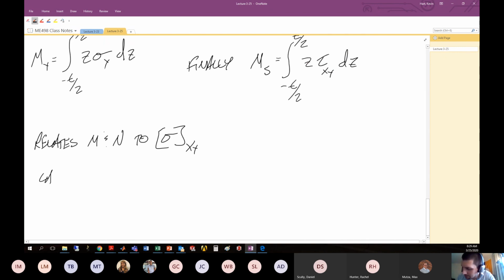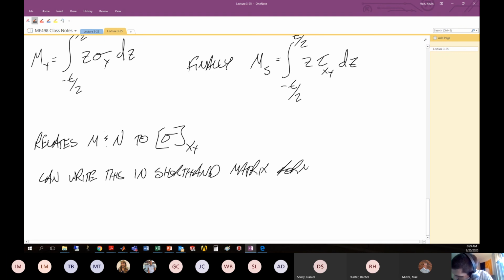So we can write this in shorthand matrix form. So again, we're relating the loads that we apply on the piece, both the axial loading, NX and NY, and the moments that we apply, MX, MY, to the stresses that are developed.